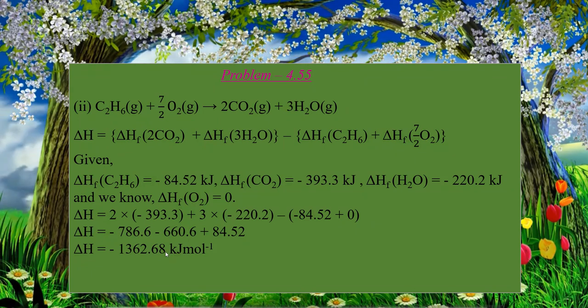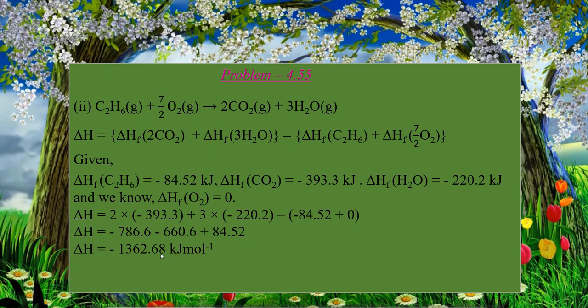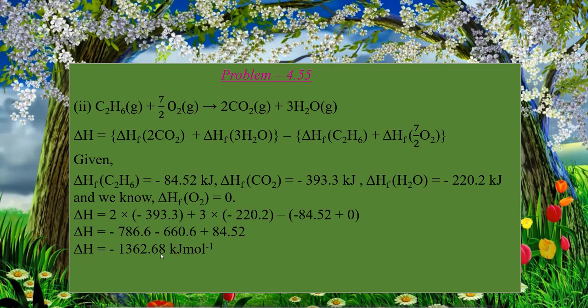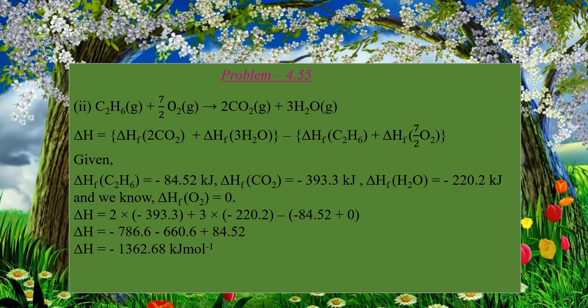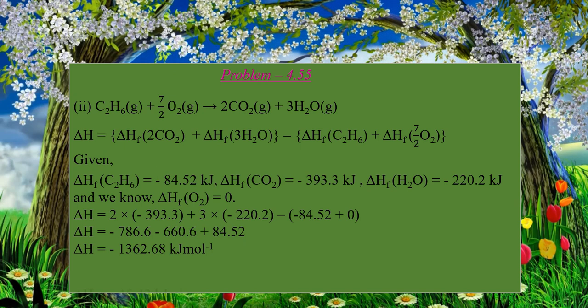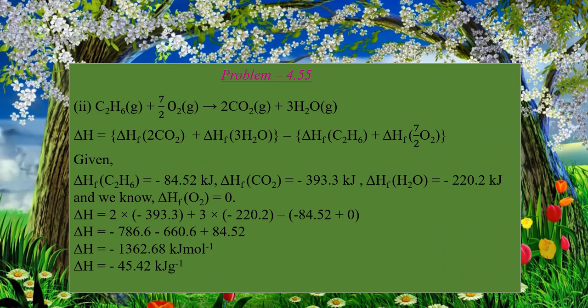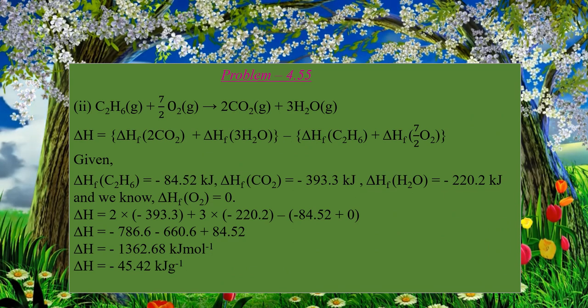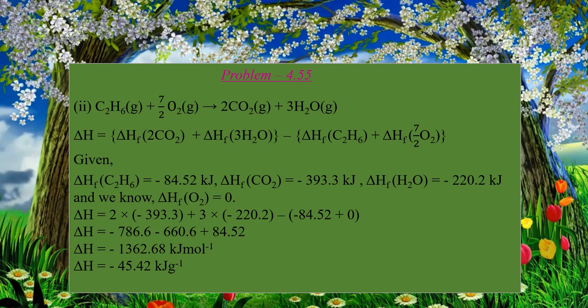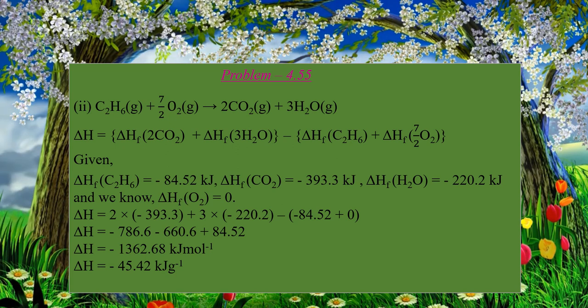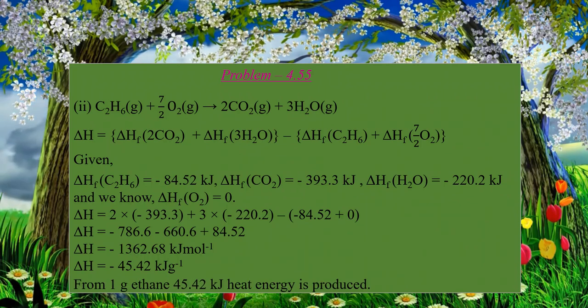This heat energy is produced from 1 mole ethane. 1 mole ethane means 30 gram ethane. So we will calculate the value of del H per gram. Del H equals minus 45.42 kilojoule per gram. That means from 1 gram ethane, 45.42 kilojoule heat energy is produced.